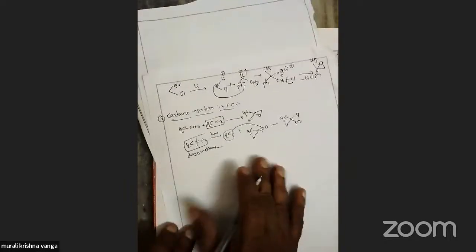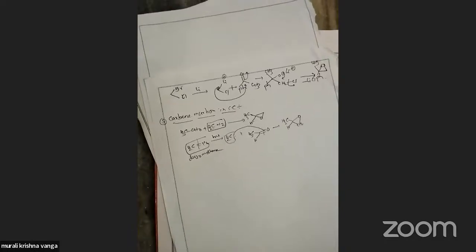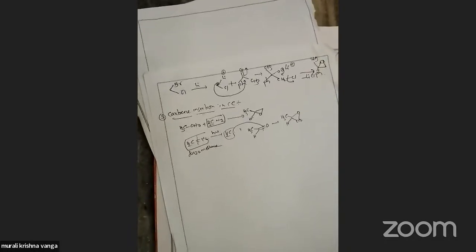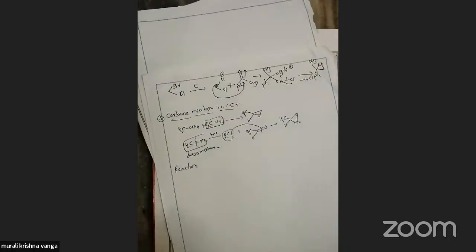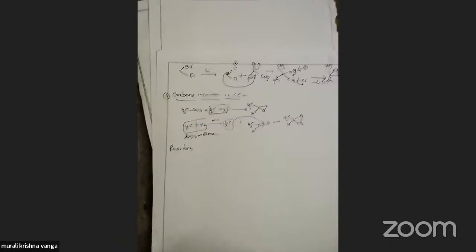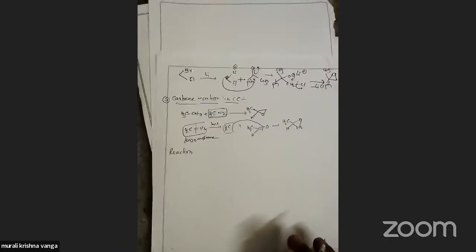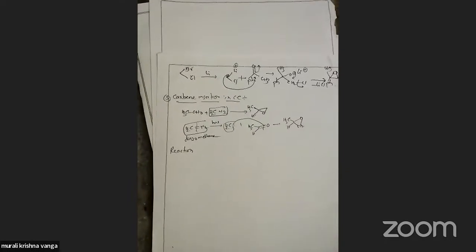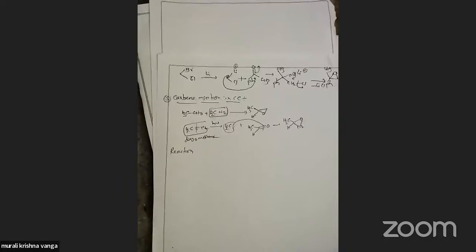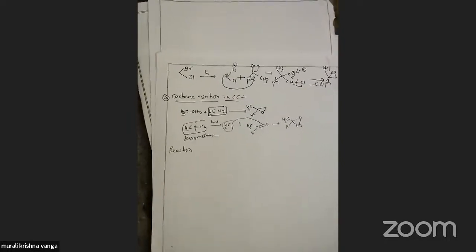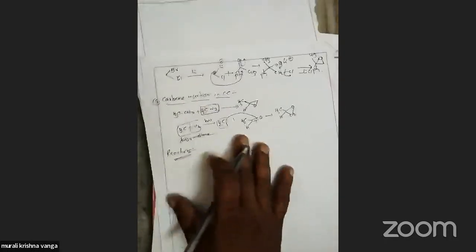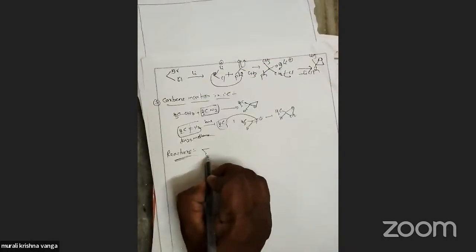Next, reactions. Oxirane is a three-membered ring with an oxygen atom present.